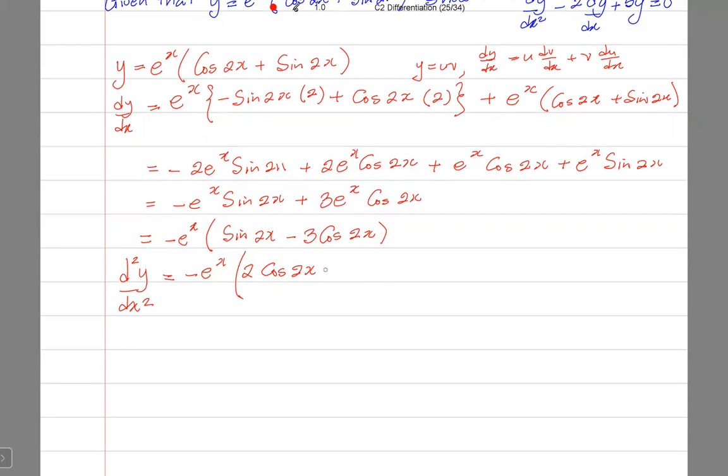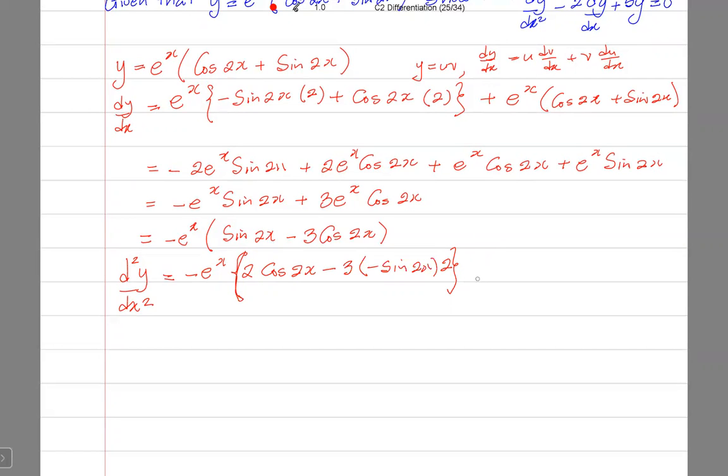All right, and this is minus 6, minus 3, differentiate cos, you get what? You get minus sine 2x, and then we have to multiply by the differential of the inside function, which is 2. All right, so that is us leaving the first and differentiating the second.